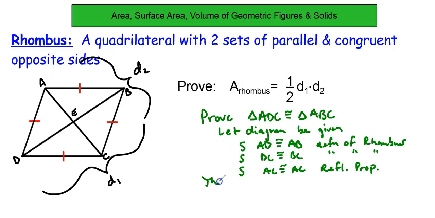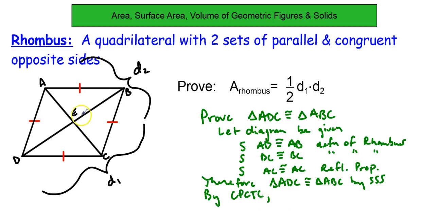Alright, so we've just shown that these two triangles are congruent by SSS, and therefore we can match up congruent angles. And the angles that we're going to match up are these guys right here. So angle ABE, or ABD, I should say.